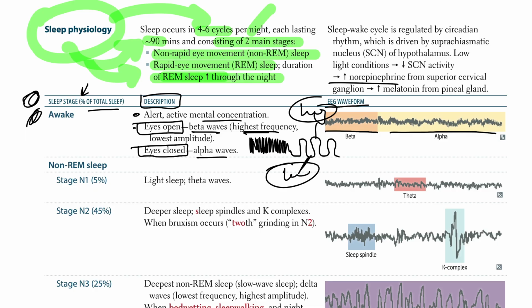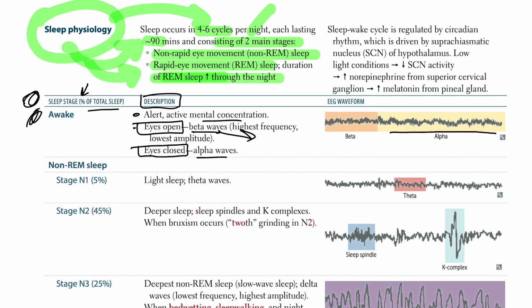So when you have a beta wave, you have a high frequency with a low amplitude, meaning it's not that big, it's small. The alpha waves, on the other hand, are right here, and they haven't defined that, so I don't know much. But the beta is the one that is active, right?